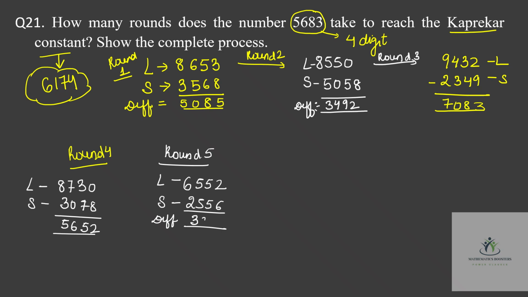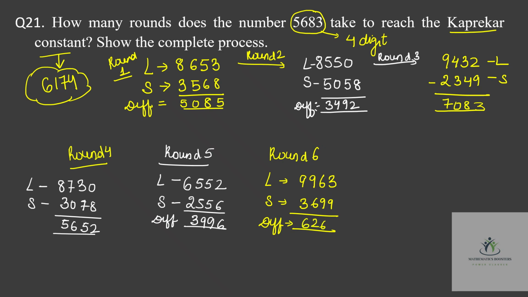The difference is 3996. Now round 6. Largest is 9963. Smallest is 3699. The difference is 6264.